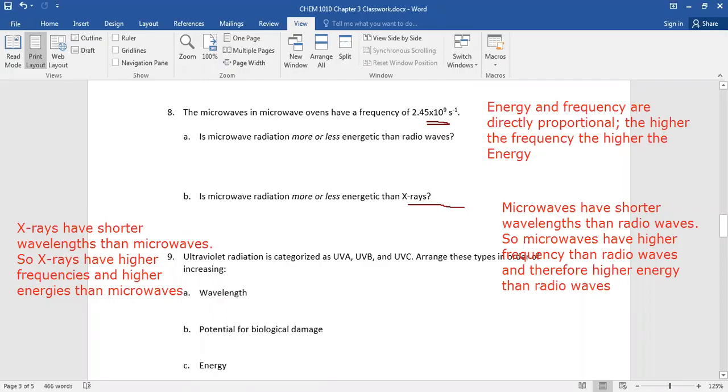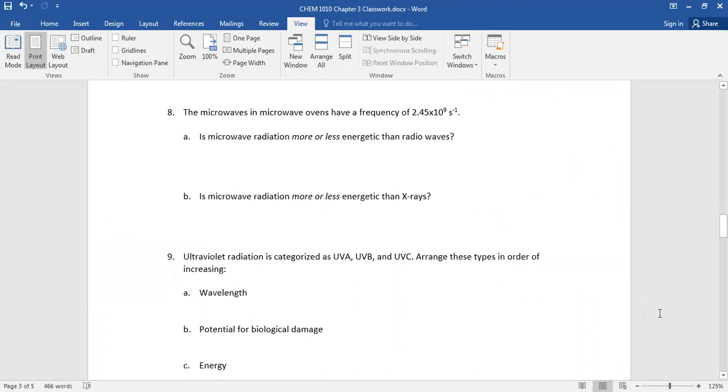And so question 9, UVA, UVB, and UVC radiation. These are different types of ultraviolet radiation. So you can categorize ultraviolet radiation as UVA, UVB, or UVC.